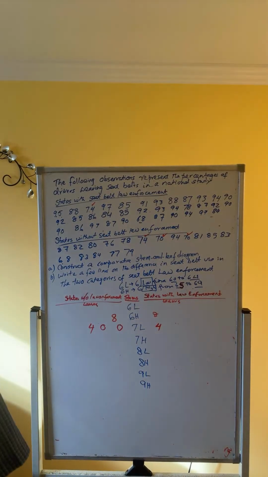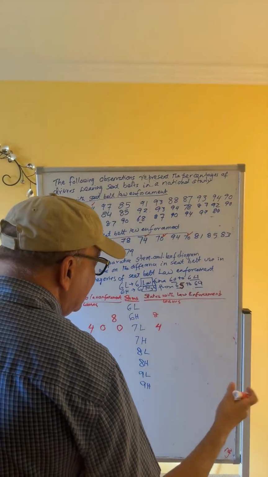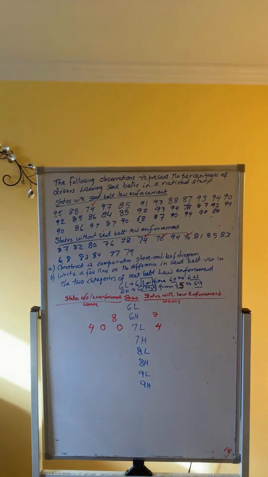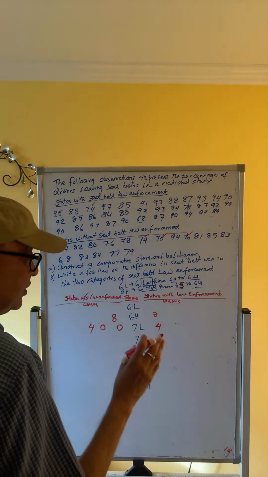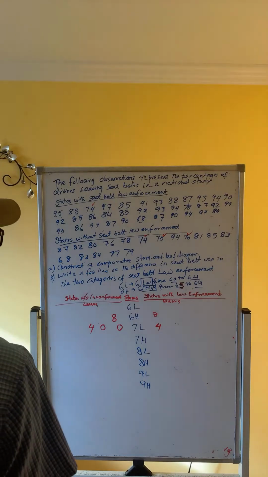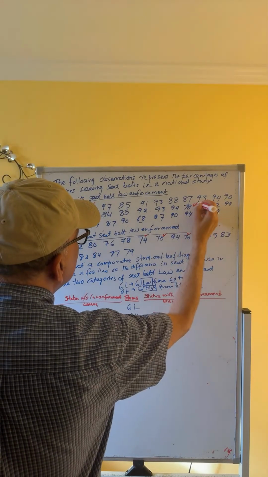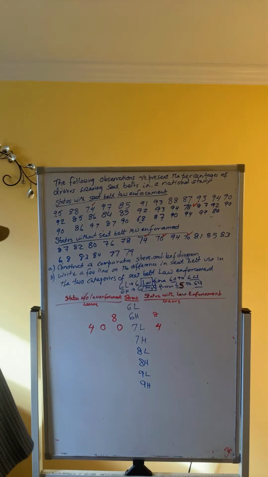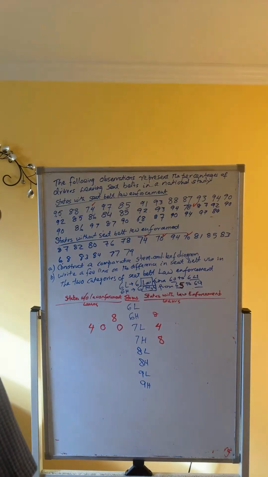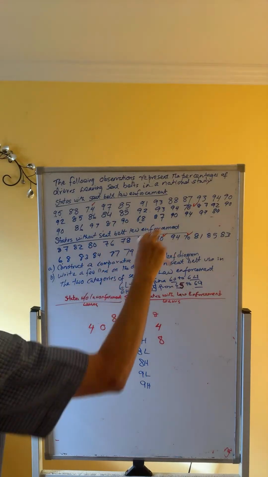Next, we go to 7 high. Remember, 7 high is from 75 to 79. Okay, so I'm first looking at the states with seat belt law between 75 and 79. Let's see if we can find. So there is a 78 here. That's it. Okay, then let's look at the states without seat belt law.